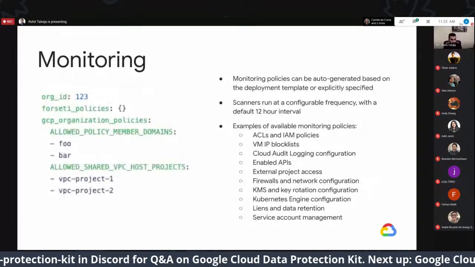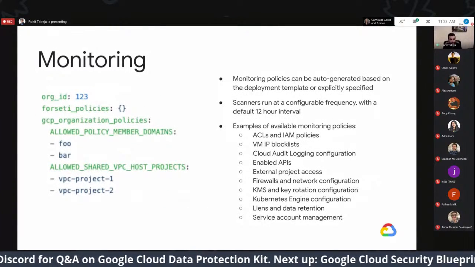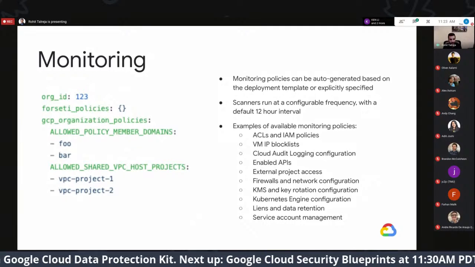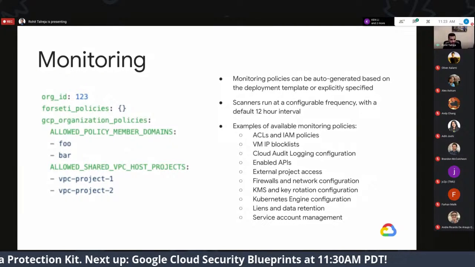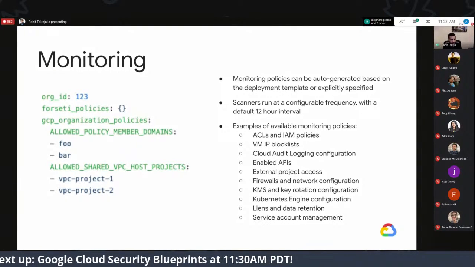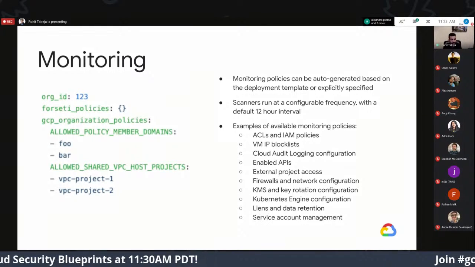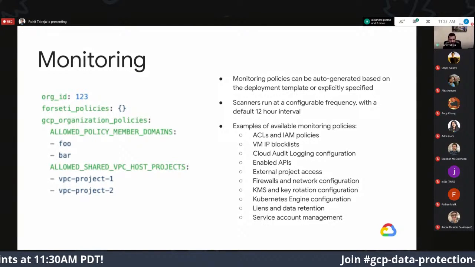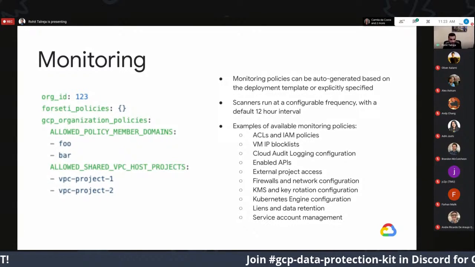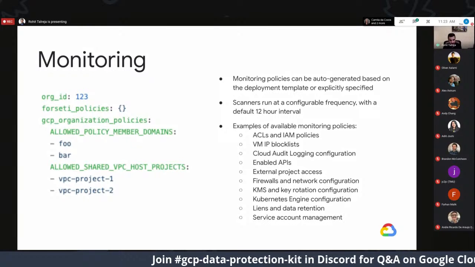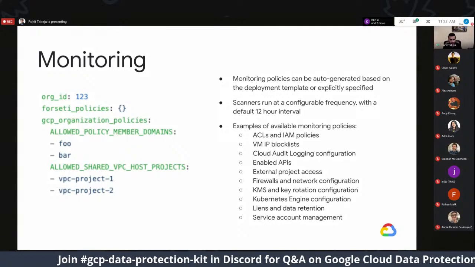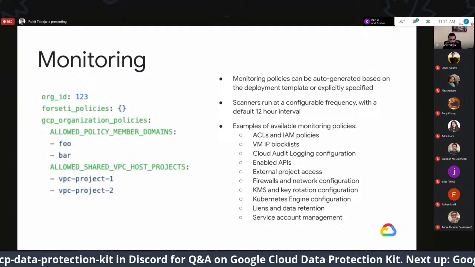And with these modules, we successfully build up larger and larger projects to do more and more complicated things. These templates also include automated monitoring policies. The monitoring policies can be set up in a similar declarative syntax. They run at defined intervals or even continuously to pick up any deviations from how you want the project to be configured.